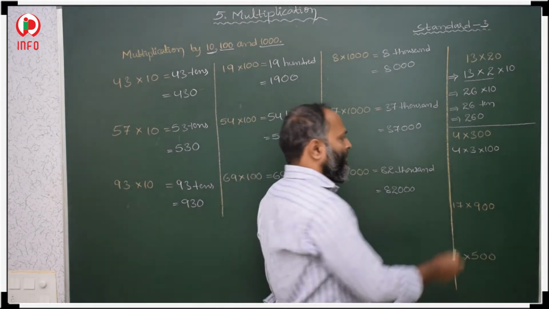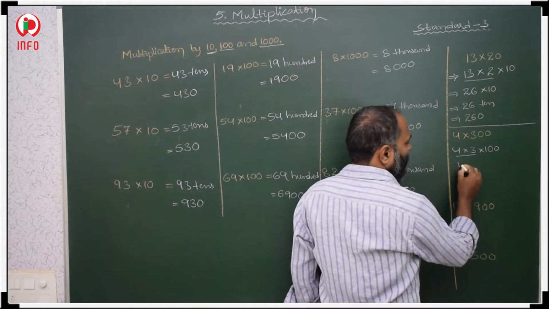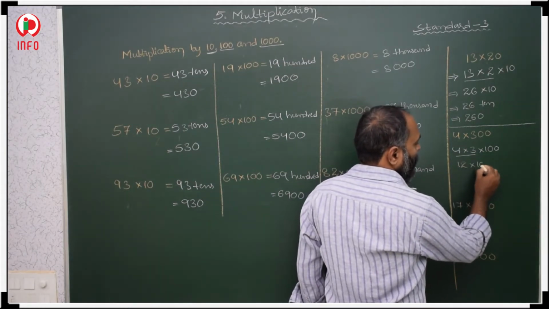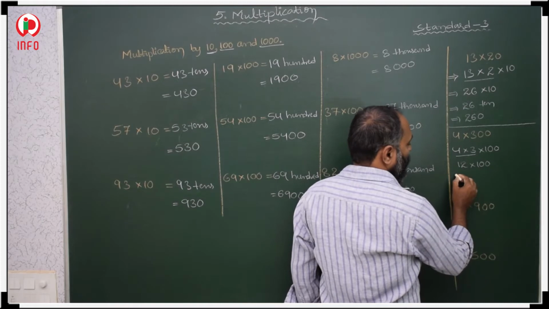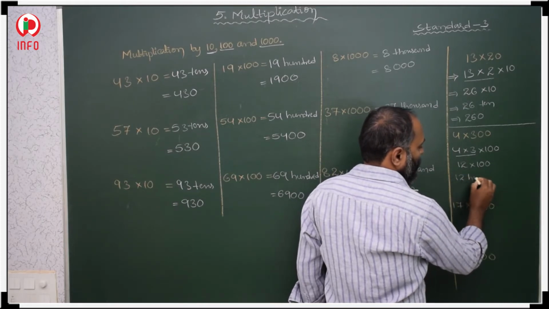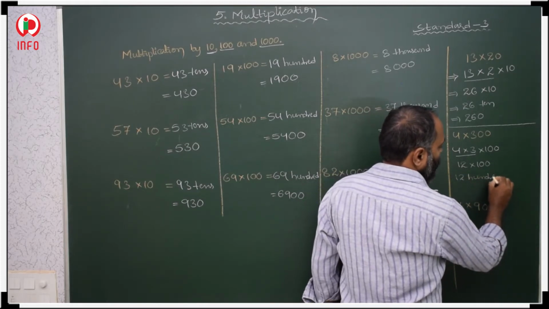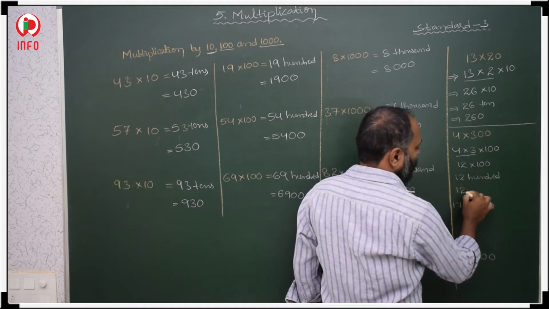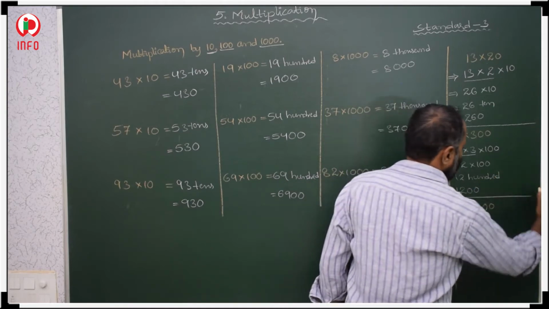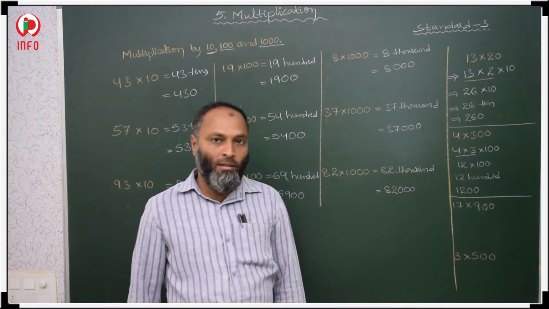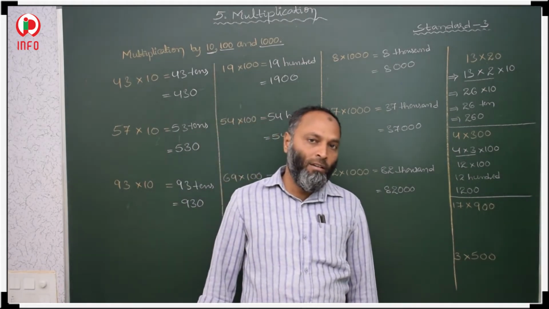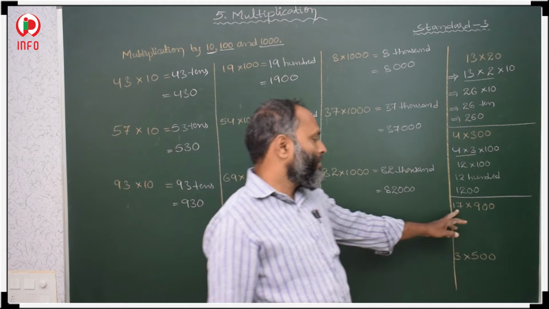Now multiply: 4 threes are 12. 12 into 100 is 1200. In 100 we have 2 zeros. It is 1200.